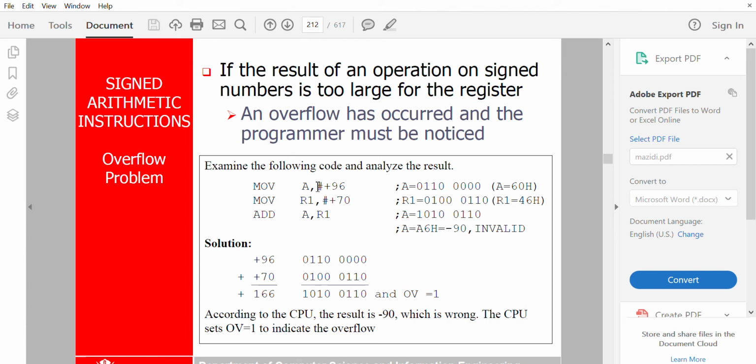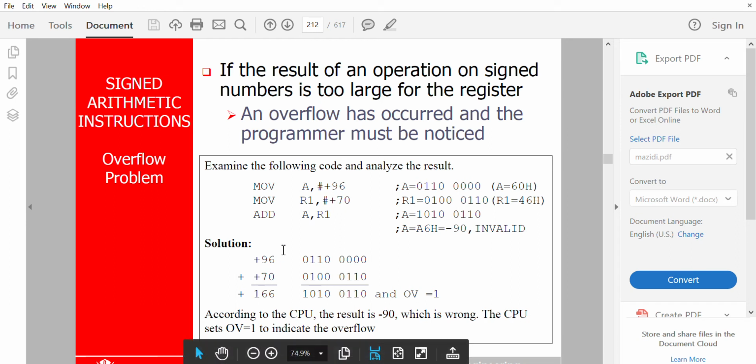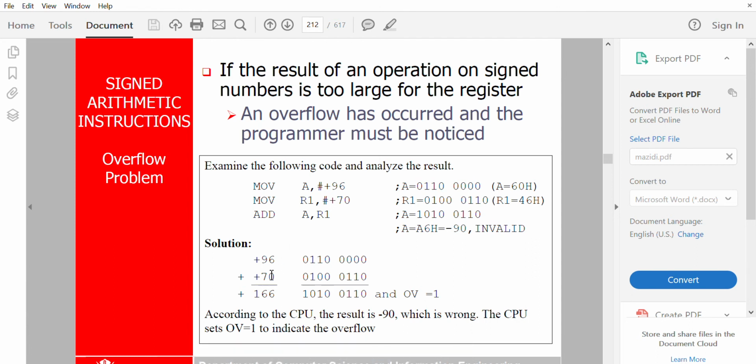So here suppose we are going to add two numbers, 96 and 70. When you add 96 and 70, the actual result should be 166. You know 96 is an 8-bit number and 70 is also an 8-bit number.